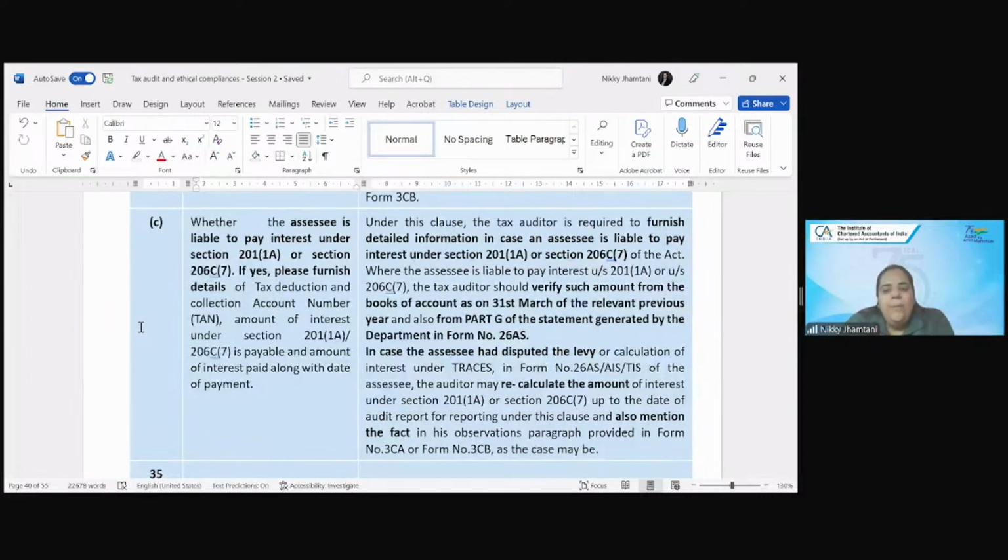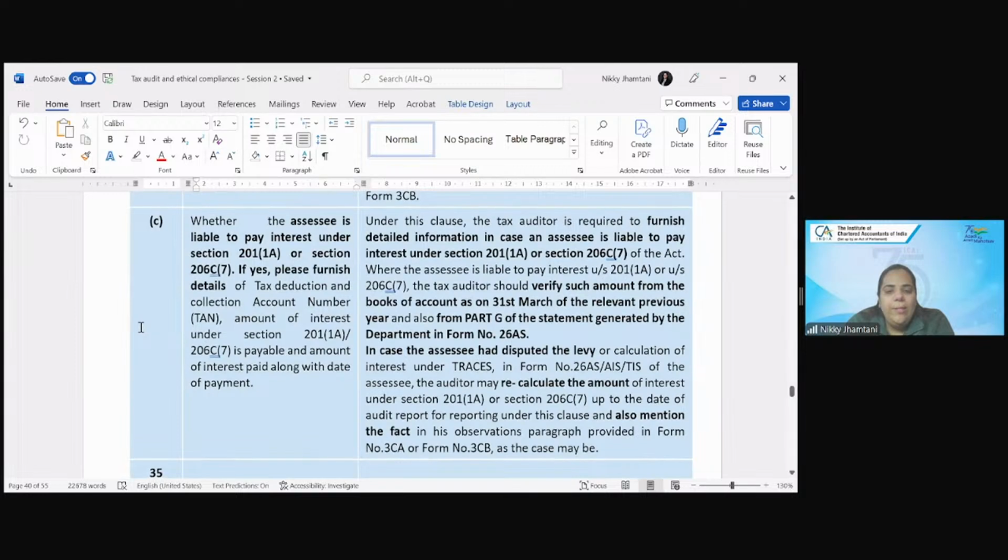Where the assessee is liable to pay such interest, the tax auditor should verify such amount from the books of account as on 31st March of the relevant previous year and also from Part G of the statement generated by the department in Form 26AS.